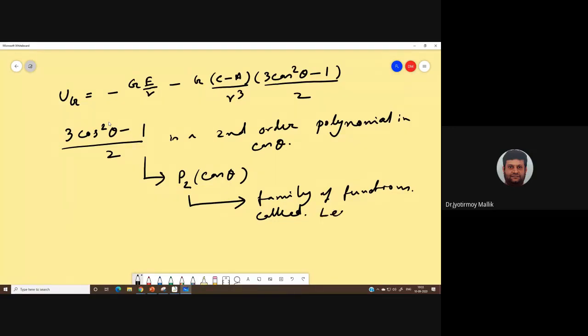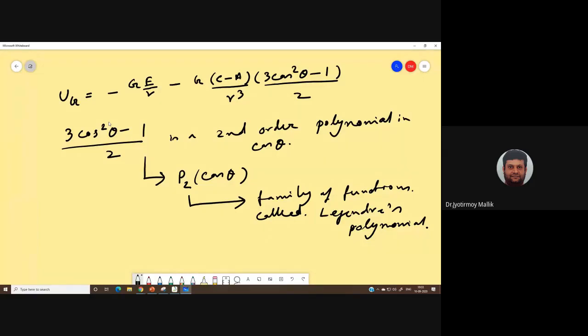Yes, Legendre's polynomial. If you don't know what Legendre's polynomial is, in Lowrie's book there is a small section given on the introduction of Legendre's polynomial. If you want to understand a bit more than that, you can study any basic mathematics book.